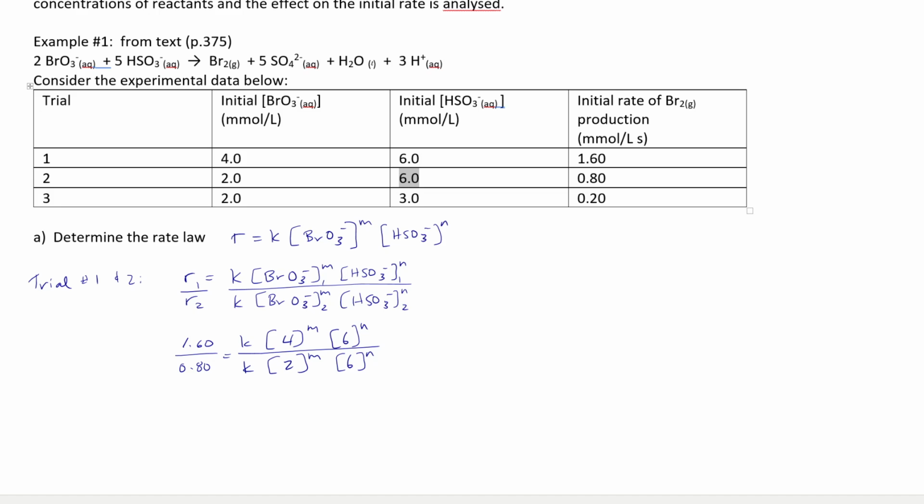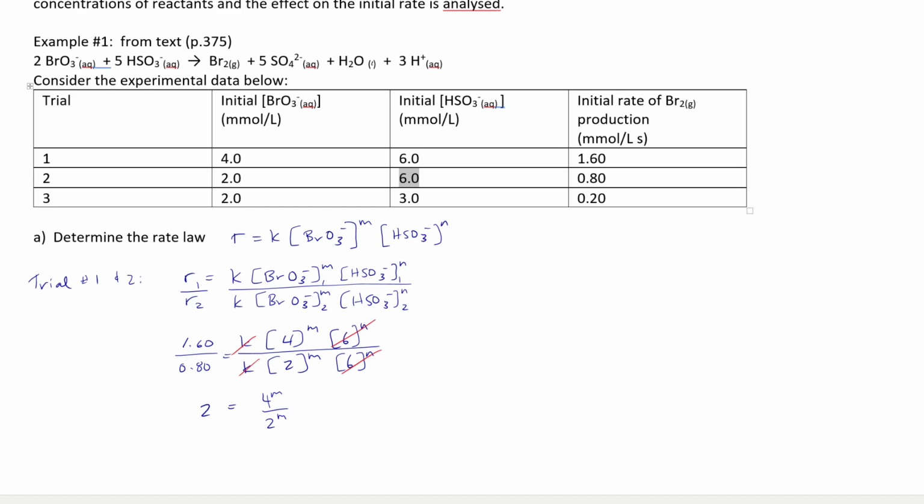Looking at this equation, I can see that 6 to the power of n divided by 6 to the power of n will cancel. My K's will cancel. Then what I'm left with is 1.6 divided by 0.8, which is equal to 2. And then I have 4 to the power of m over 2 to the power of m.